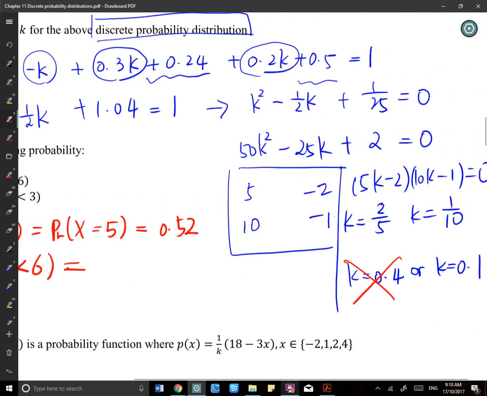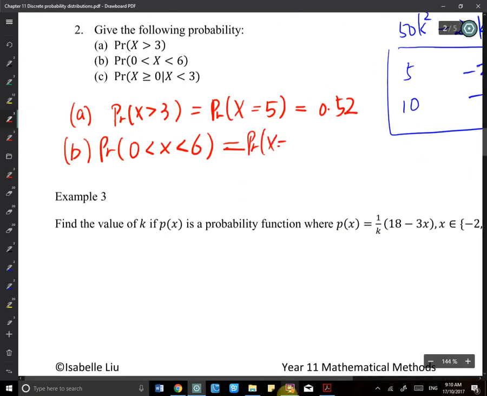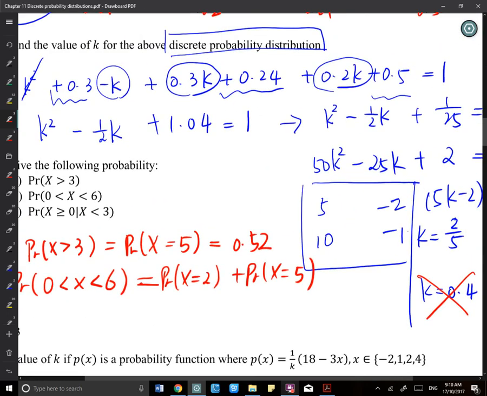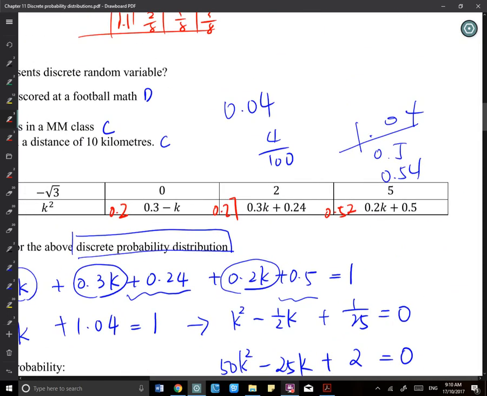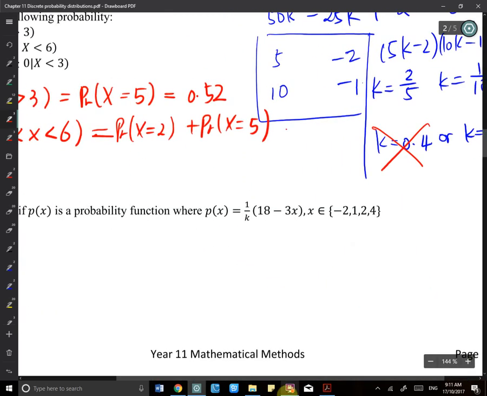So only 2 and 5. So it's probability X equals to 2 plus probability X equals to 5. Only 2 and 5 works. So 2 and 5 gives you 0.79.